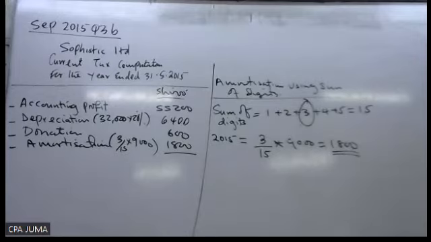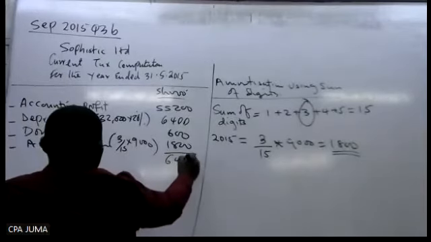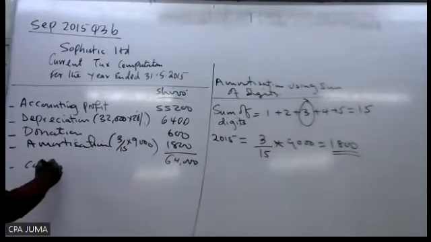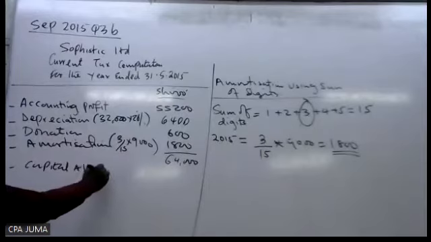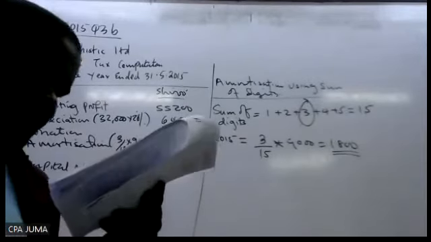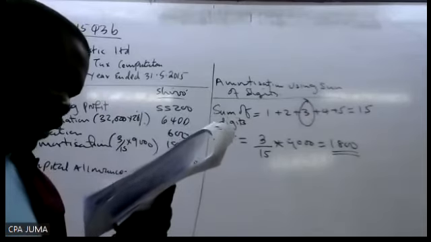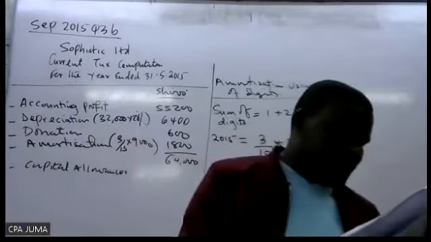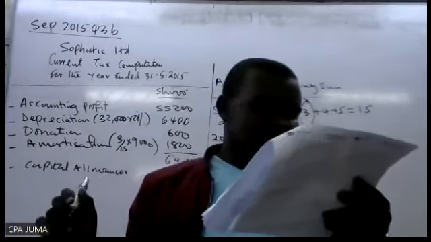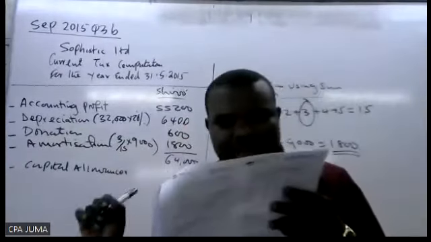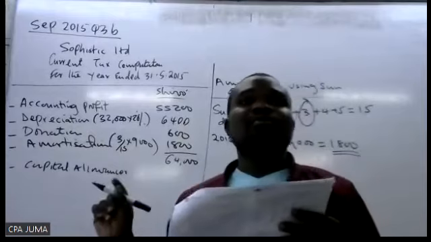How much is the total there? 64,000. Then you less capital allowances. Capital allowances are mentioned in note 3. Check note 3. Plant is depreciated at 20% using straight line, while the allowance on plant is provided at 25% on reducing balance.